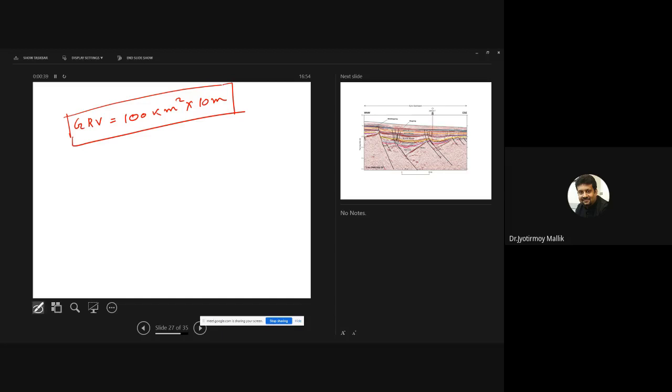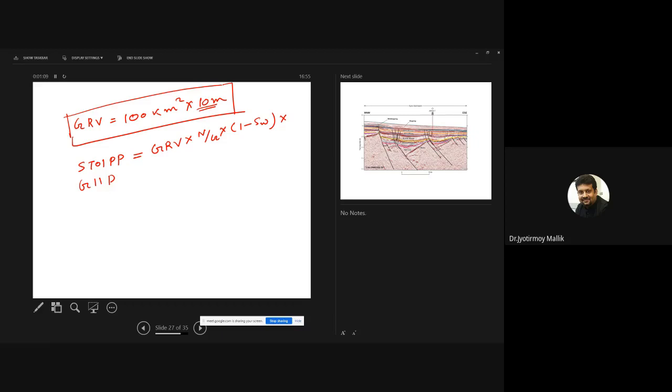And of course, while I calculate STOIP or GIP, the first thing I need is GRV. But remember, when we talk about the thickness here, we are taking the gross thickness, not the net thickness. So GRV multiplied by net to gross multiplied by 1 minus SW.